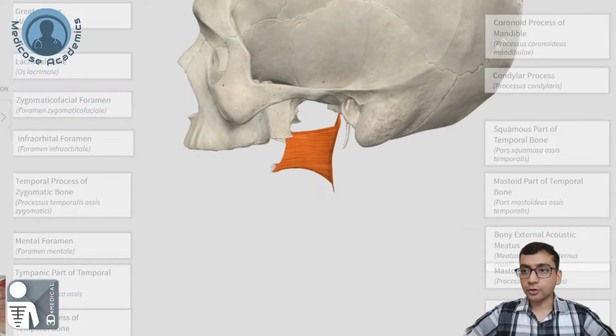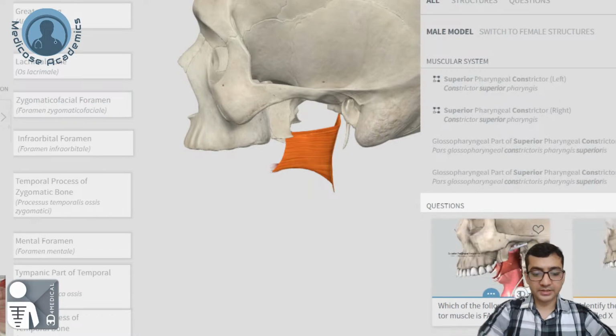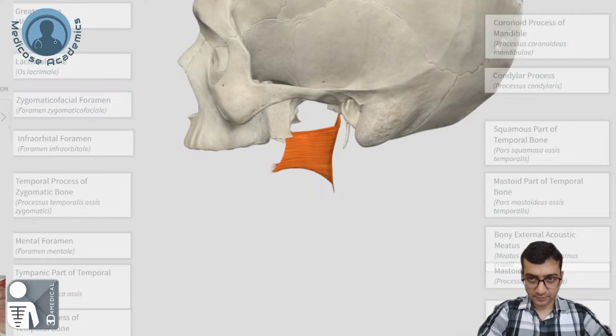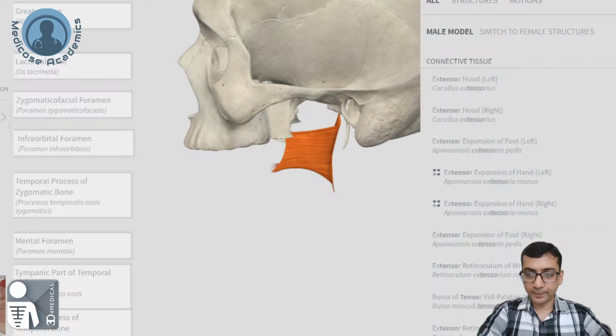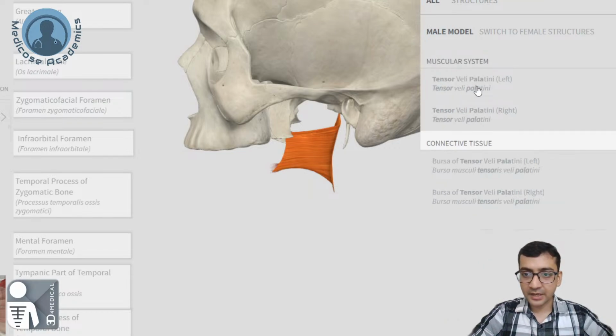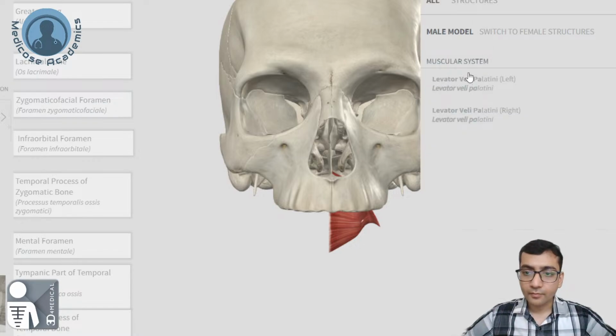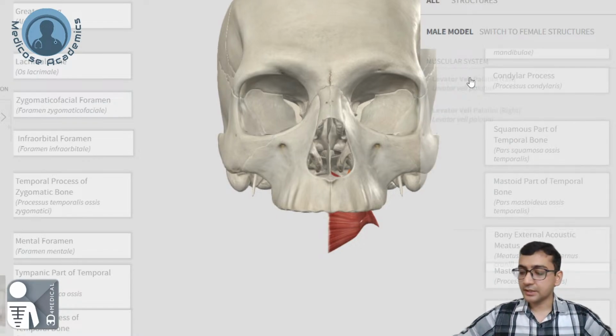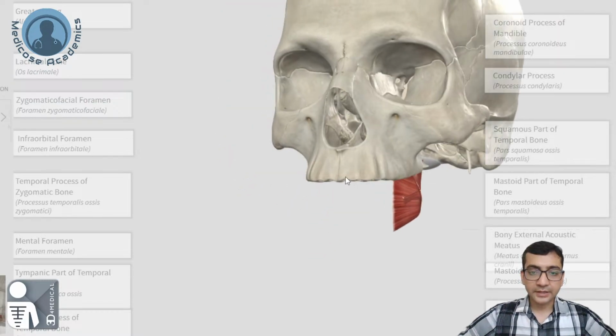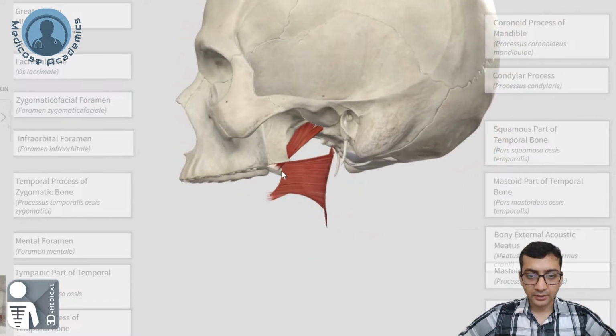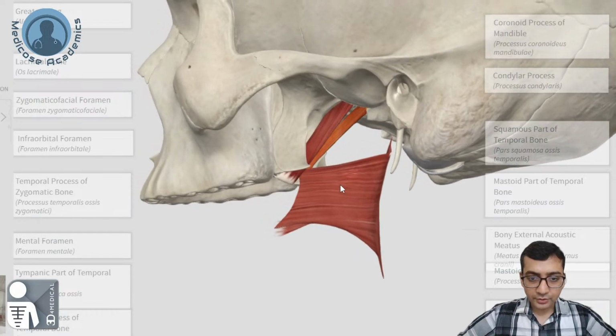Not only that, on the top of it there are two muscles, both going to the palate: tensor veli palatini and levator veli palatini. These are all of the structures present in the medial aspect of the pterygopalatine fossa.